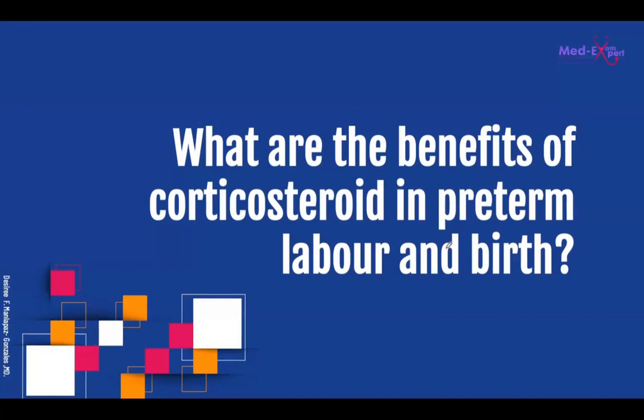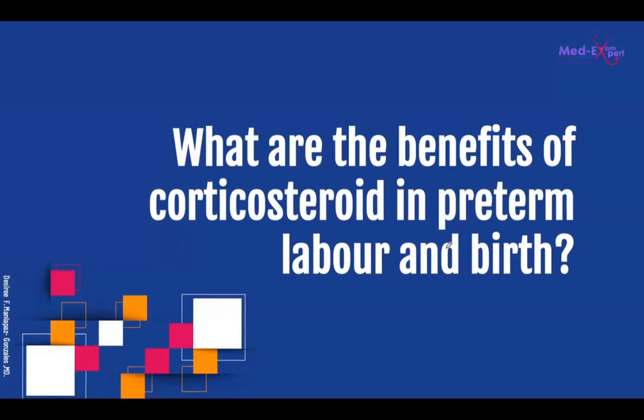So if preterm, there is less surfactant in the preterm baby, so the lungs will collapse. Very good. Whenever we have a patient at risk of preterm labor and birth, there is no doubt about it, it has been over 3 decades that all clinicians are giving steroids to these pregnant patients.